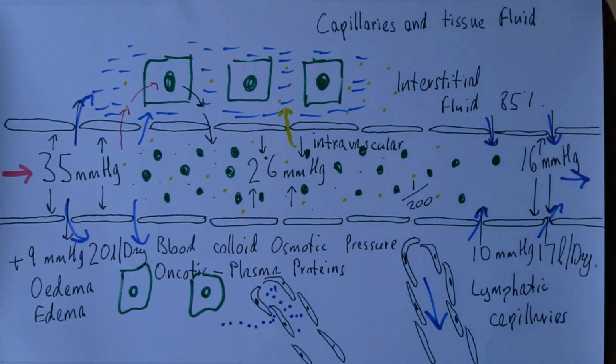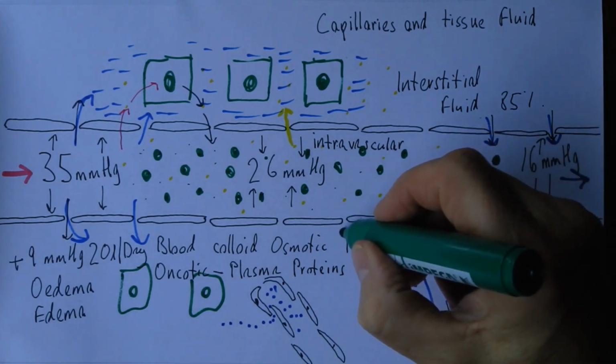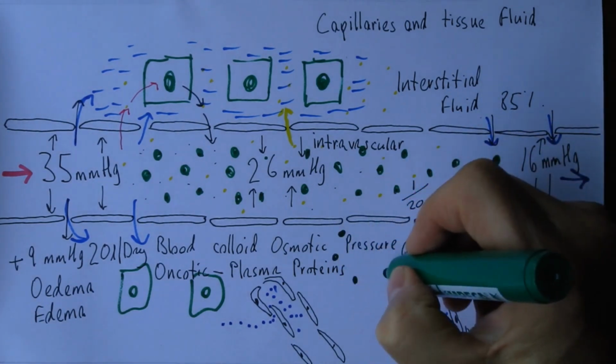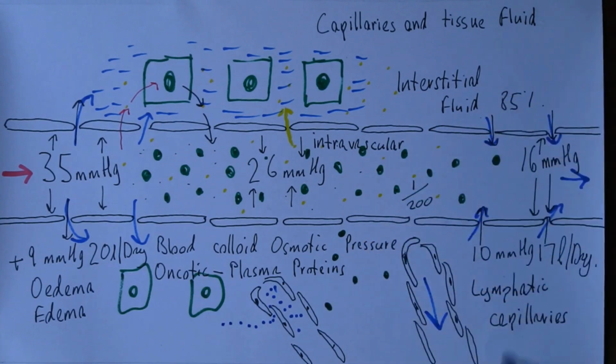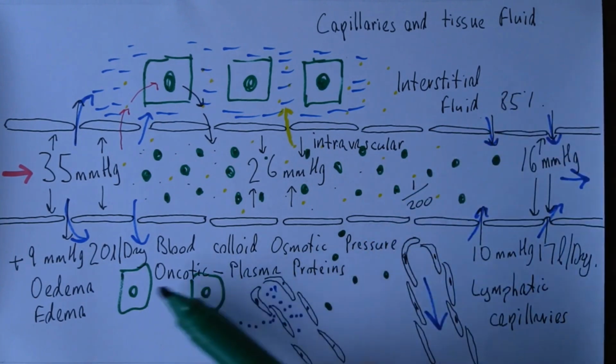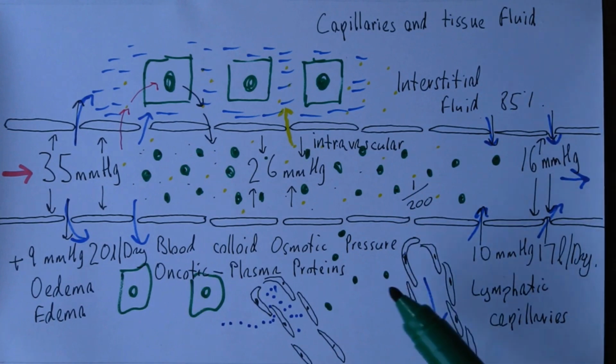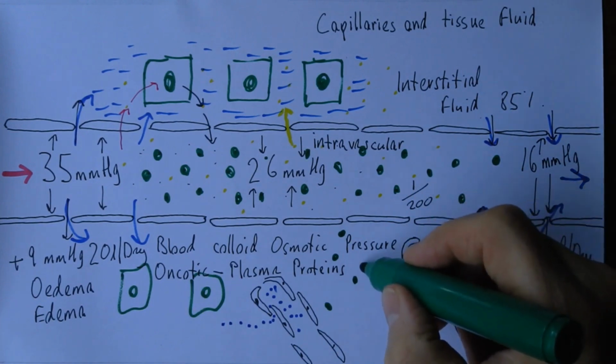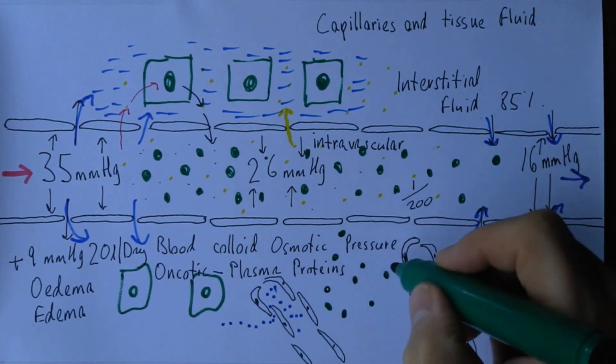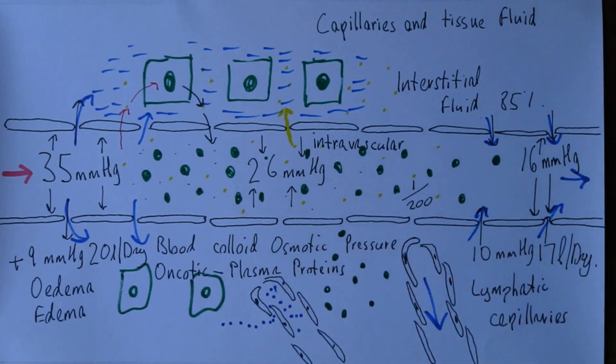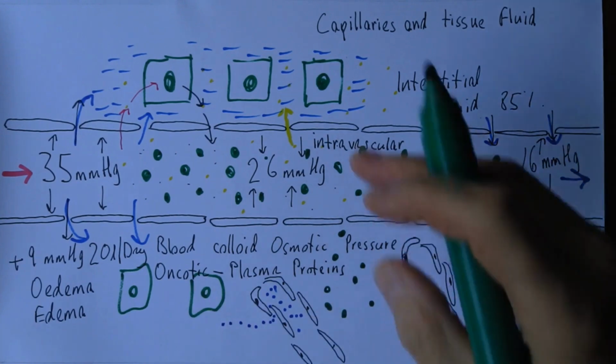Now, we mentioned that the proteins aren't supposed to escape, but sometimes they do. The odd one gets out. And if these were allowed to accumulate in the tissues, let me ask you, what would that do to the osmotic pressure in the tissues? Well, I think you can see it would increase it.